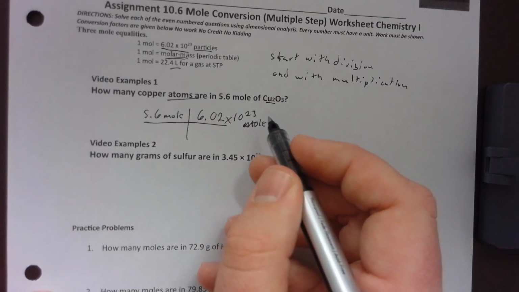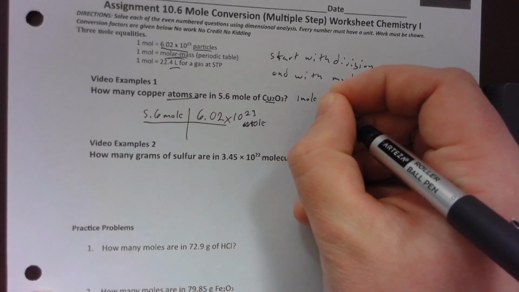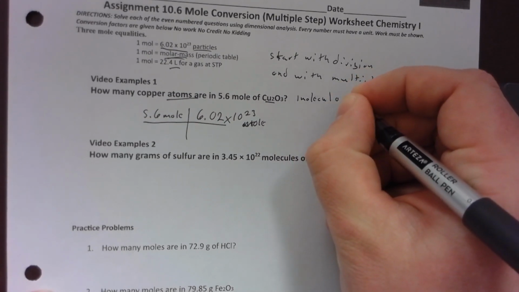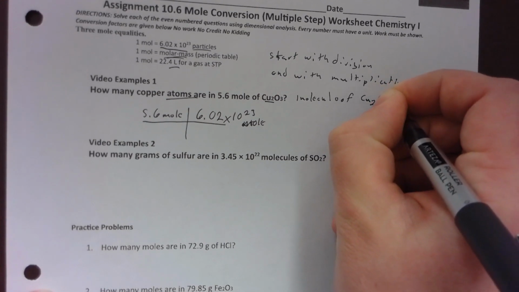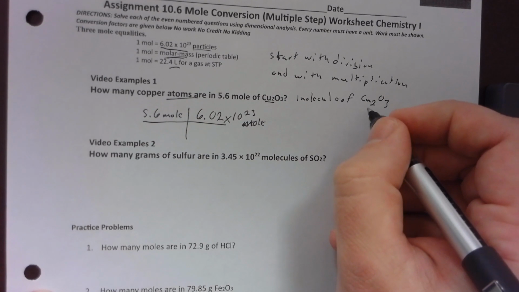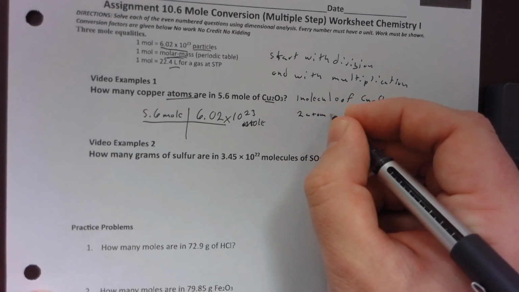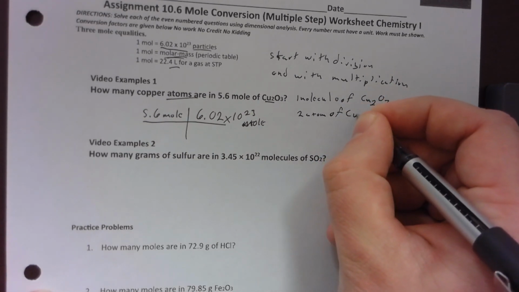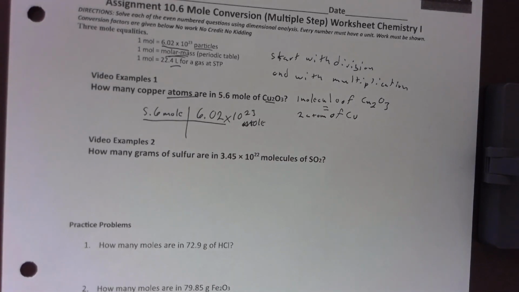So first we need to find the molecules of the whole thing, because according to this, for every one molecule of Cu2O3, so copper oxide, or copper 3 oxide, we are going to have 2 atoms of Cu, according to what we are given in our particular formula.